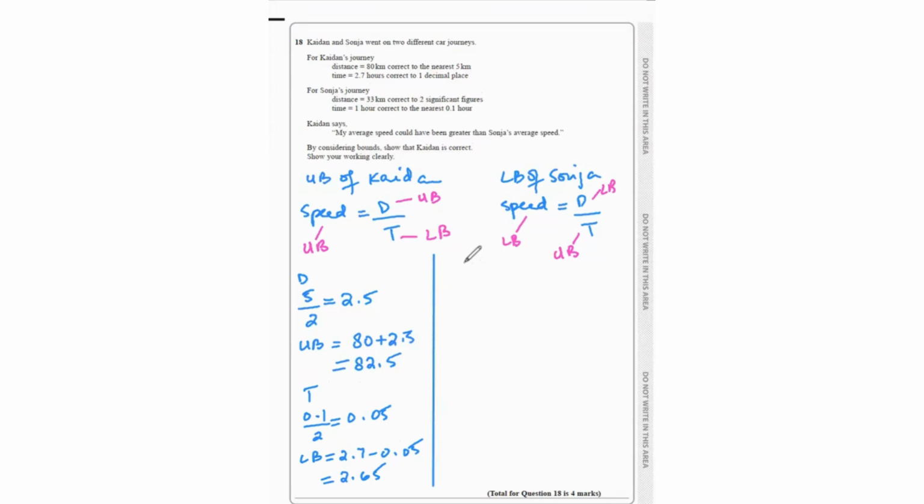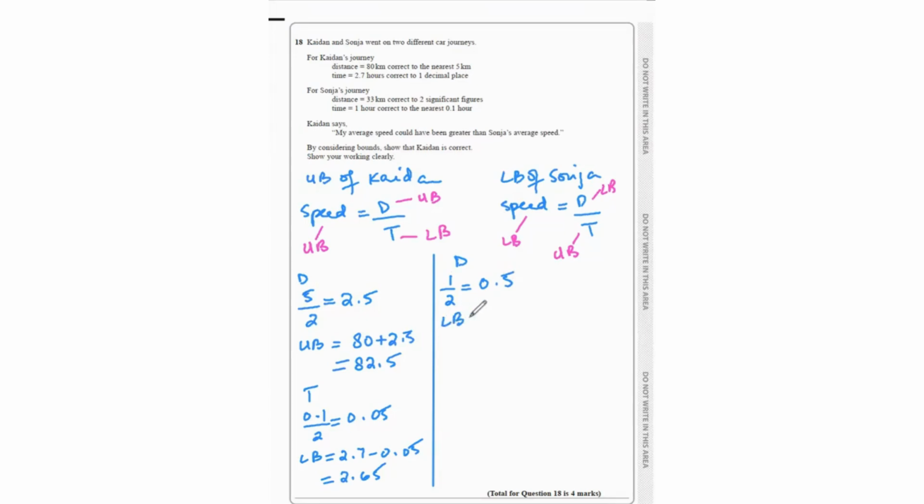Now over here, for distance we need the lower bound. So for Sonja, 33 kilometers, correct to two significant figures. The second significant figure is the ones place. So 1 over 2, which is 0.5.